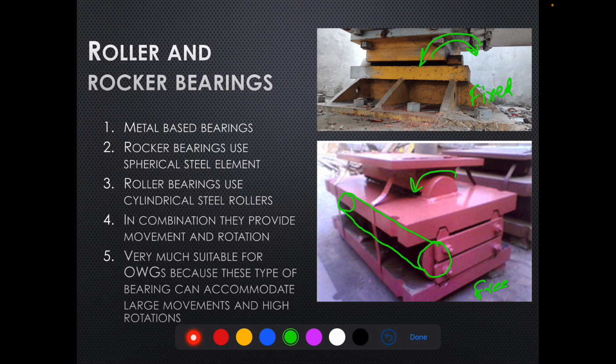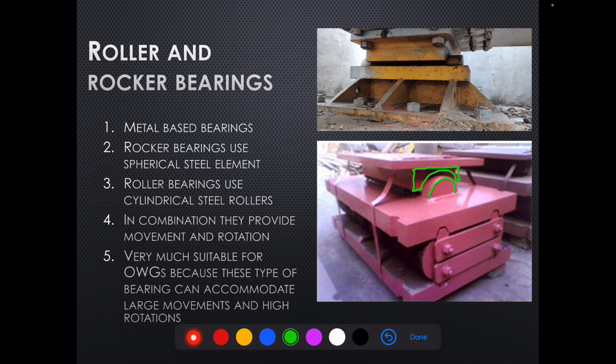So point number two says that rocker bearings use a spherical steel element. This is the spherical steel element over which the convex surface is coinciding with the concave surface, and they are providing a kind of arrangement where the rotation of the girder can take place.